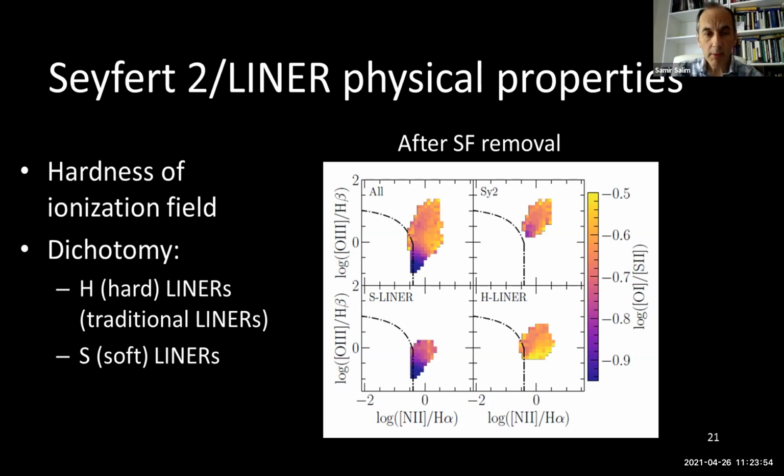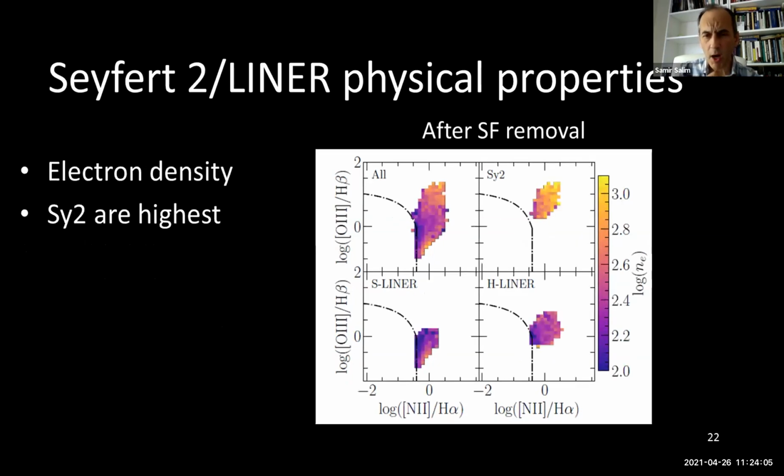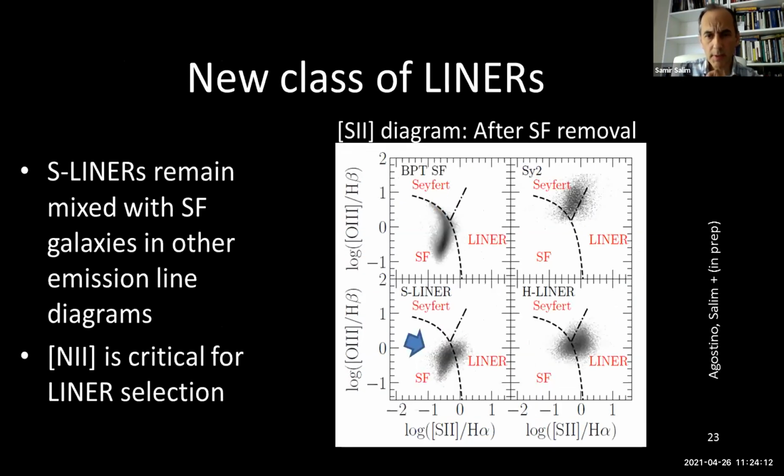Now, the big difference when you look at the O1 to S2 ratio, which is the indication of the hardness of the SED, is between the soft LINERs and these hard LINERs. They seem to be very different sorts of objects. I'll skip the electron density; we know it's the highest in Seyferts.